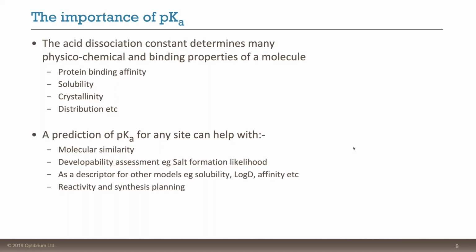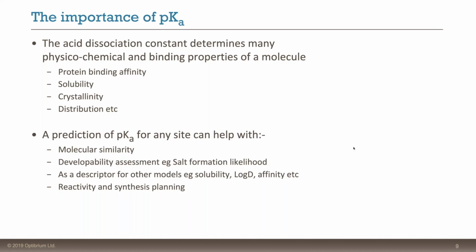So the ability to predict the likely charge state of a molecule can help in the design process, which is where we tend to be focused with StarDrop, on molecular similarity. Is a particular compound that you're designing likely to be equally basic as one you know the properties of? Is a particular compound actually going to be suitably developable, because it is going to form a nice stable salt and not necessarily disproportionate?